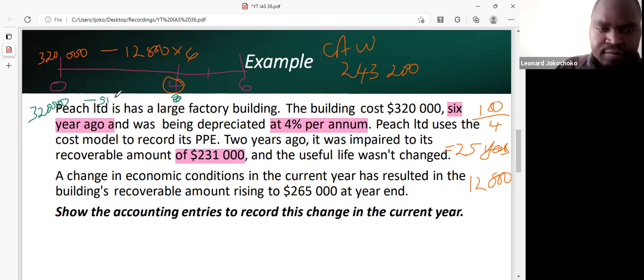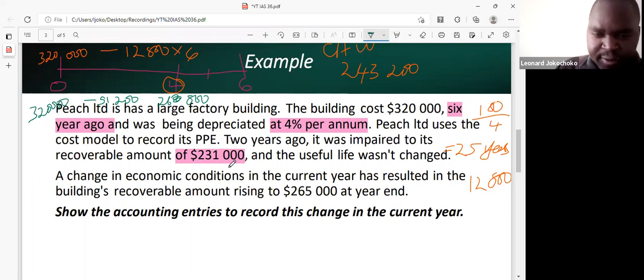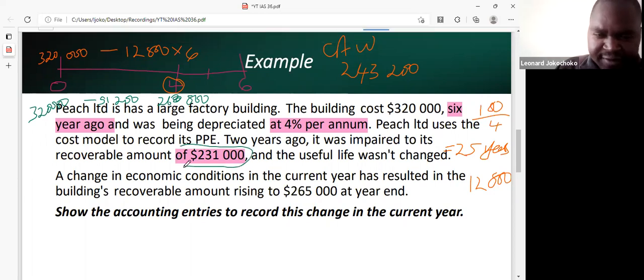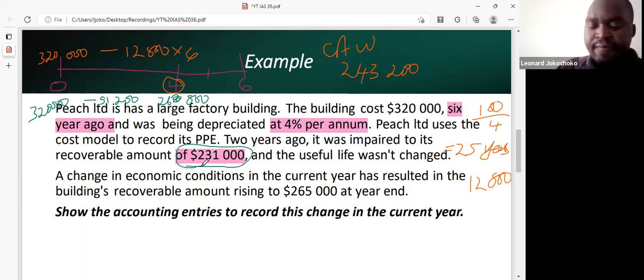Therefore, the carrying amount at the end of year 4 is 320,000 minus 51,200. It is 268,800.